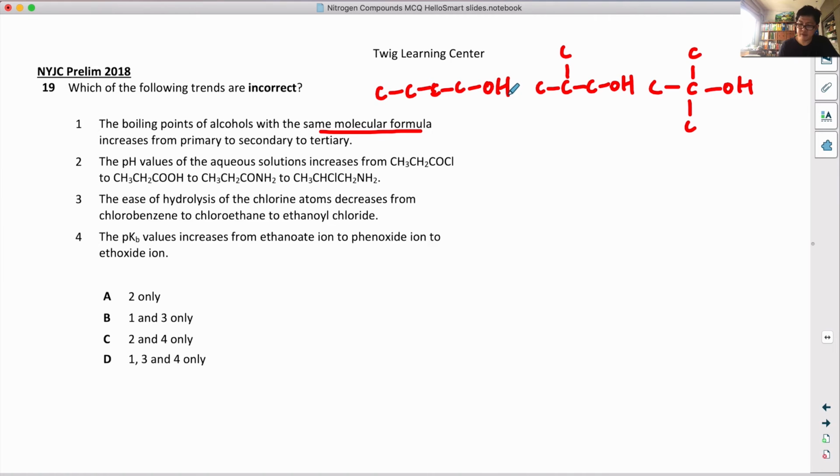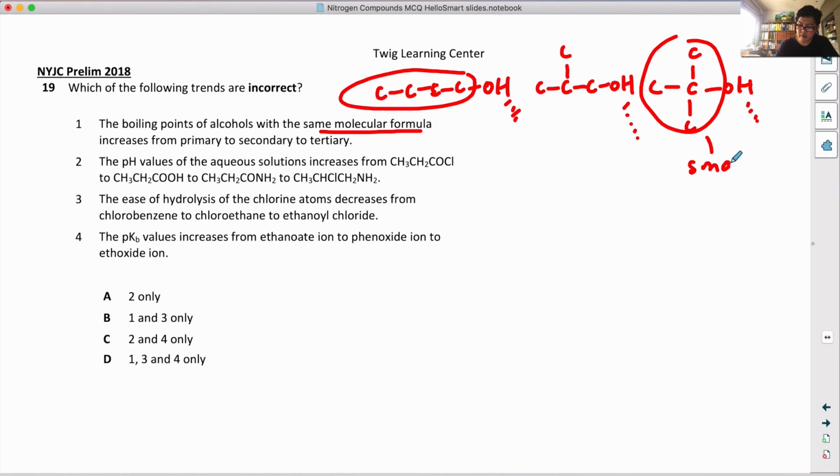Alright, so what's the difference is over here they all have hydrogen bonds, so it's typically the same. But this is a straight chain and this is branched. So branching will always result in a smaller surface area, right?